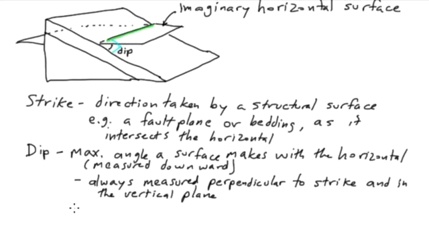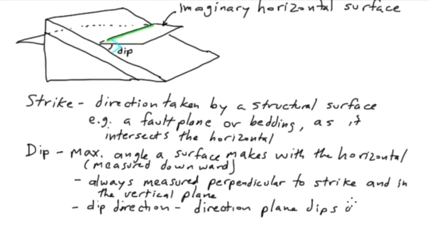And we should talk about the dip direction. So what is the dip direction? It's the direction the plane dips downward from the horizontal.